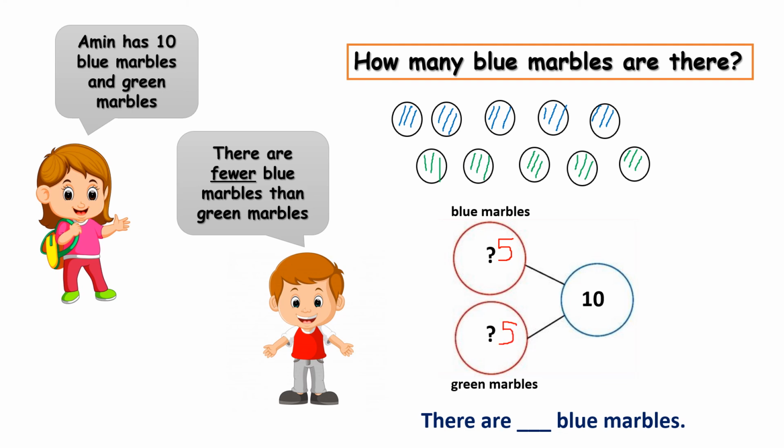By looking at the number bond here, are there fewer blue marbles than green marbles? No, they have the same number. So there cannot be 5 blue marbles, right? Because they have the same number if we put 5 blue marbles.